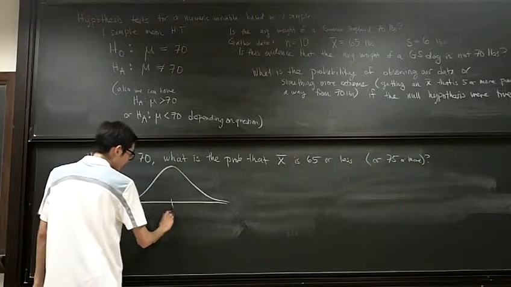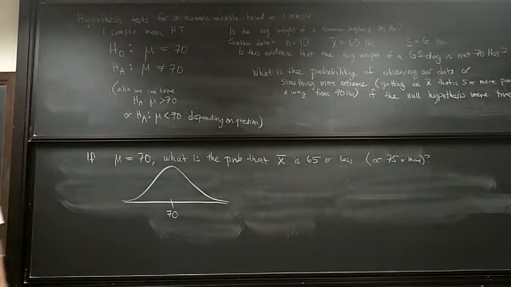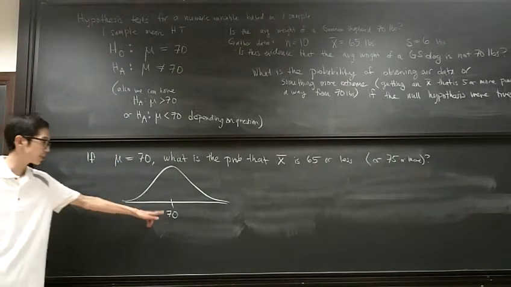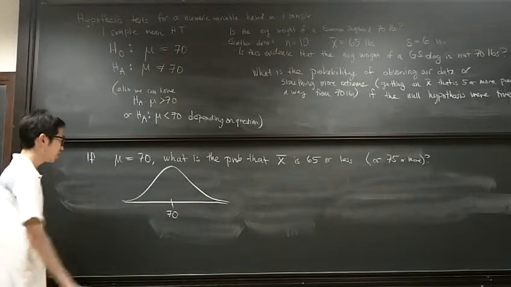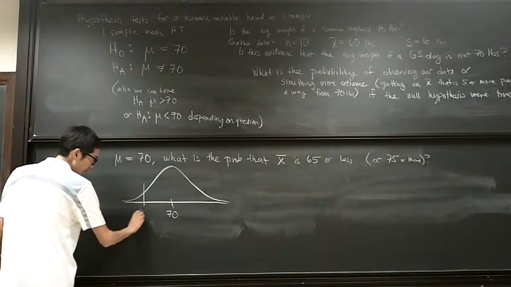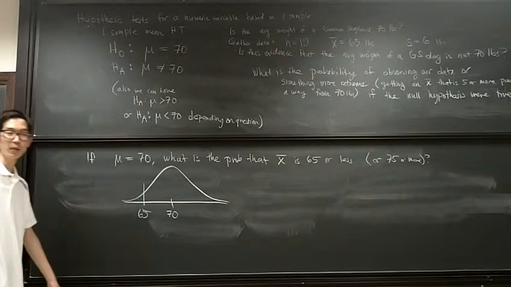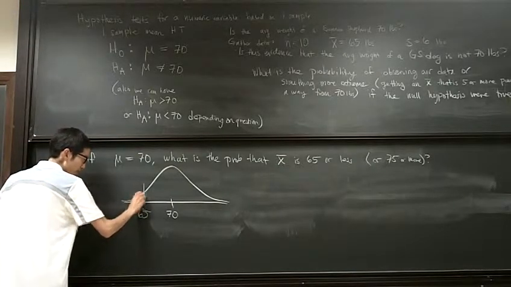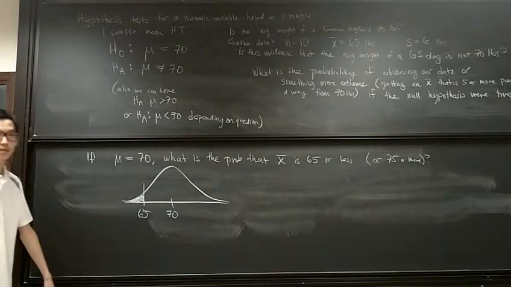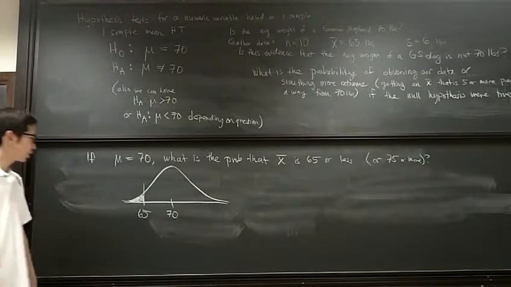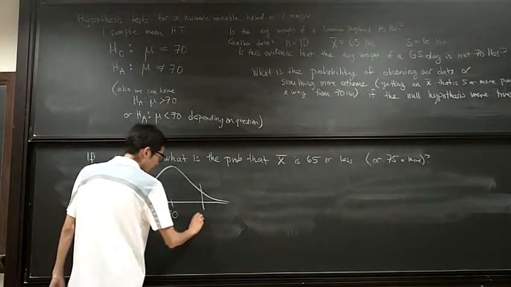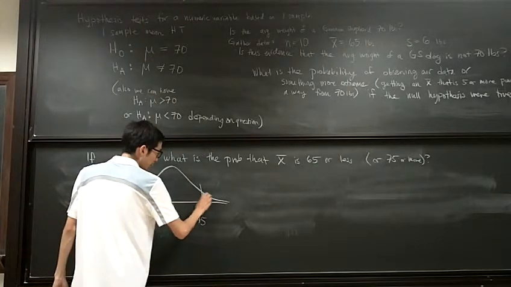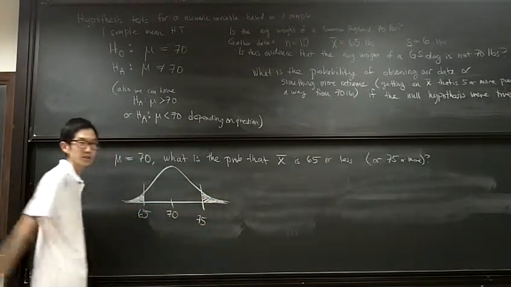If the null hypothesis were true, anytime I take a sample and calculate the average, I'm expecting 70 pounds. What I observed was 65 pounds, and I want to know the probability of getting 65 or less. More extreme would be going in the opposite direction, 75 or more.